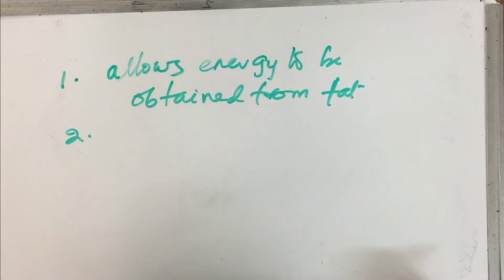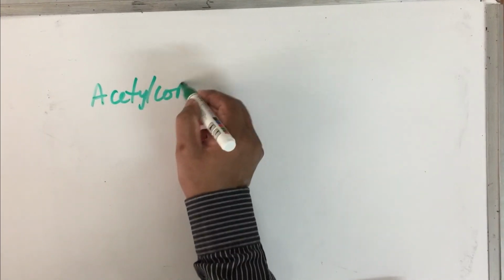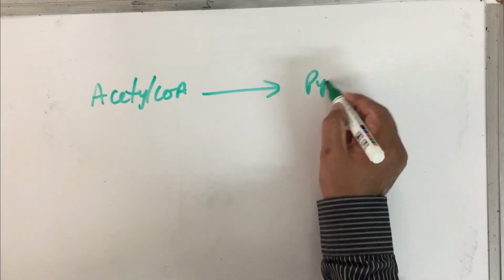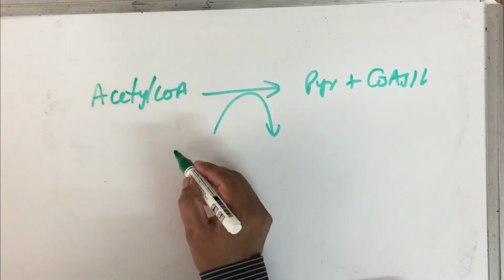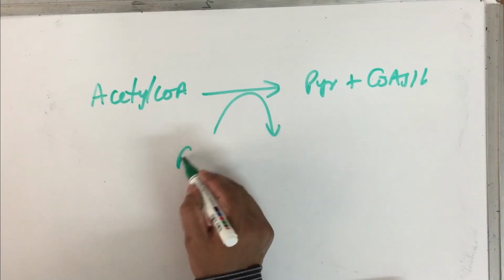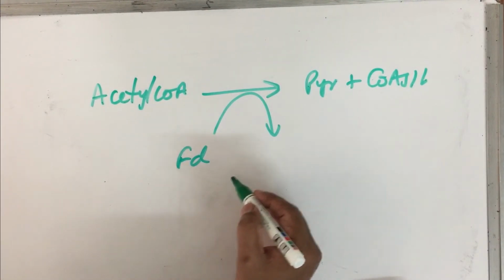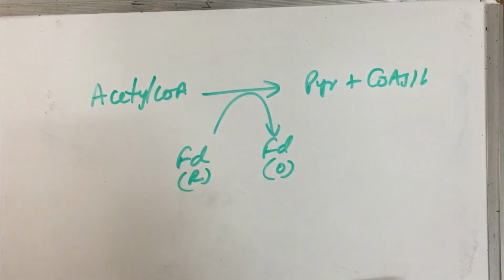So this pathway helps especially by providing acetyl-CoA. So acetyl-CoA is converted to pyruvate and CoA-SH. Ferredoxin: this is the reduced ferredoxin, and this will be the oxidized ferredoxin. So this is possible because of the glyoxylate cycle.